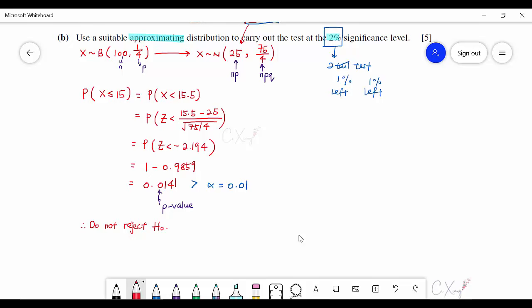So what is the conclusion when we do not reject the null hypothesis?